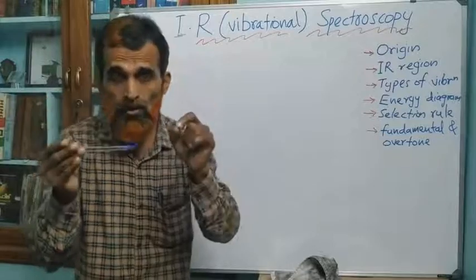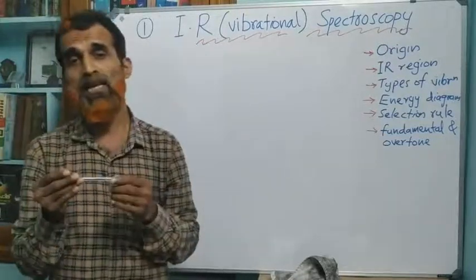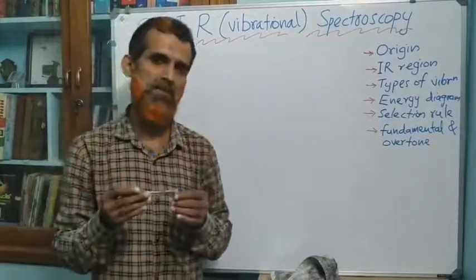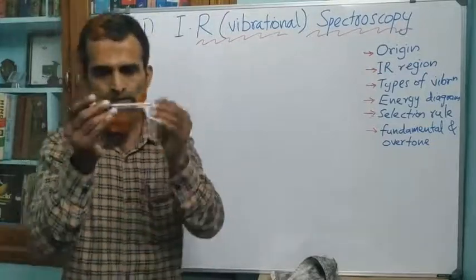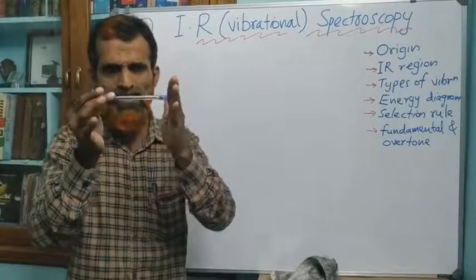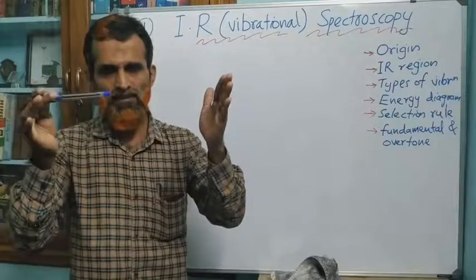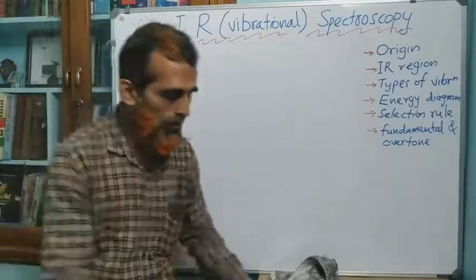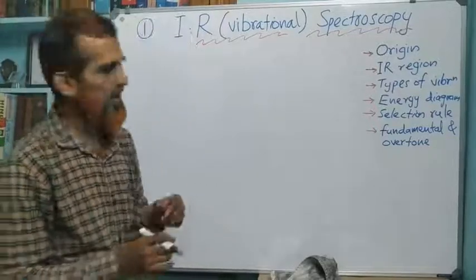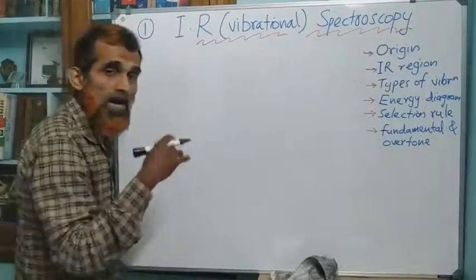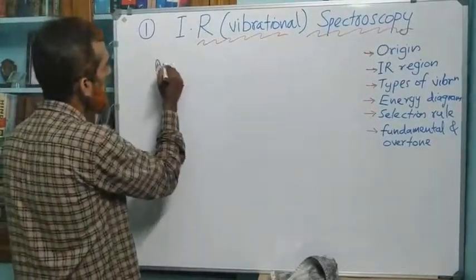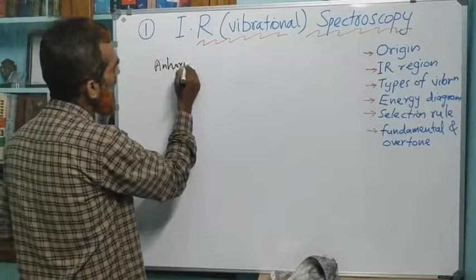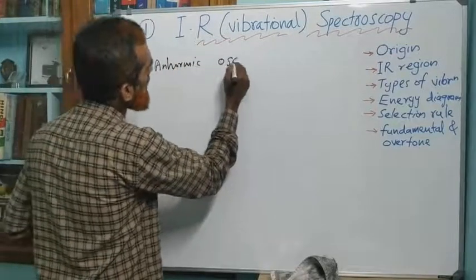According to Hooke's law, the restoring force is directly proportional to the displacement. That comes from physics, of course. So when the bond length increases, and it comes back and decreases and keeps on going, Hooke's law is not perfectly obeyed, in which case it is called anharmonic oscillation. That kind of oscillation is called anharmonic oscillation. Okay?